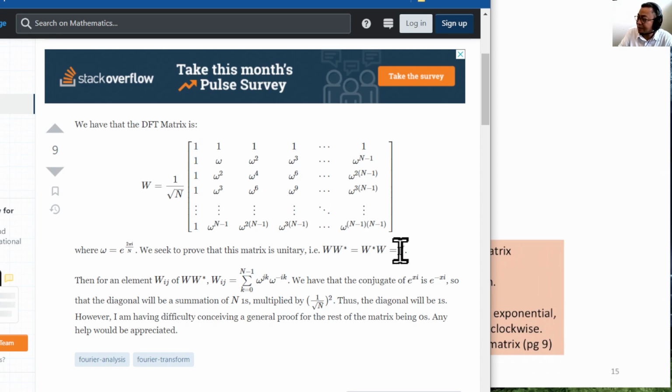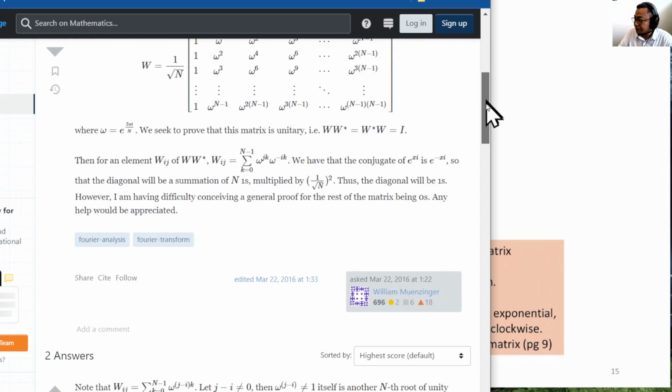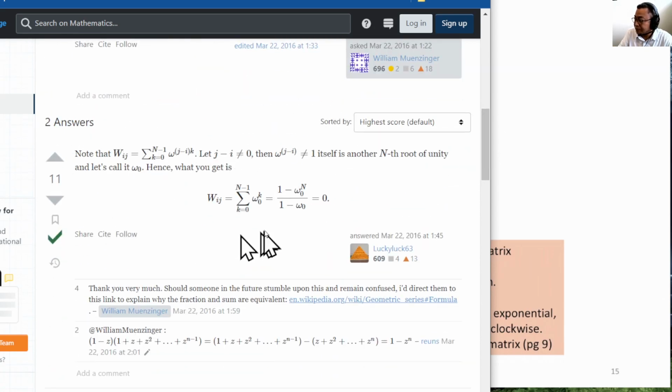In this case it is I, because the W is weighted by 1 over root n. And all the off-diagonal elements are 0, showing that the columns of W are orthogonal to each other. The proof is here. Simply we use the geometric series to show that the off-diagonal elements will sum to 0.